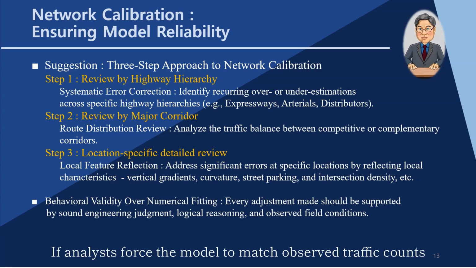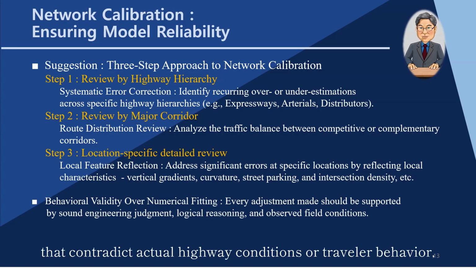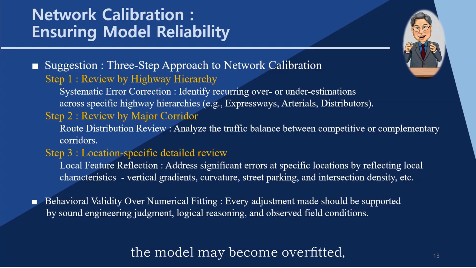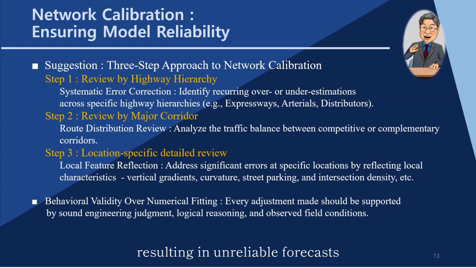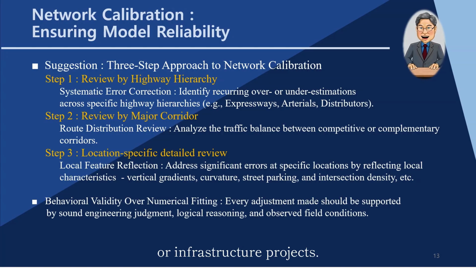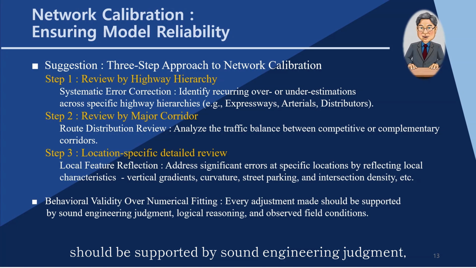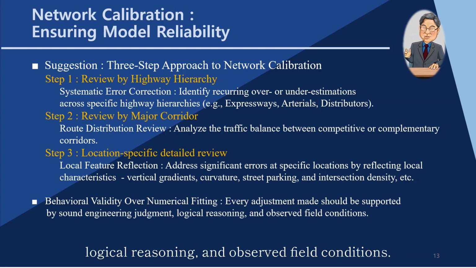If analysts force the model to match observed traffic counts through unrealistic adjustments that contradict actual highway conditions or traveler behavior, the model may become overfitted, resulting in unreliable forecasts when evaluating future transportation policies or infrastructure projects. Therefore, every adjustment made during network calibration should be supported by sound engineering judgment, logical reasoning, and observed field conditions.